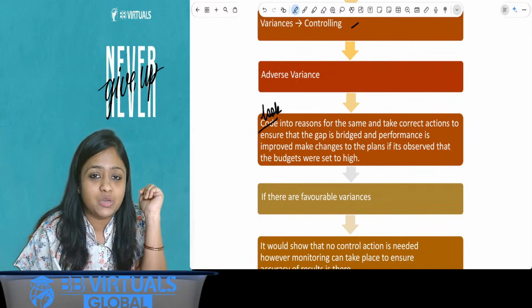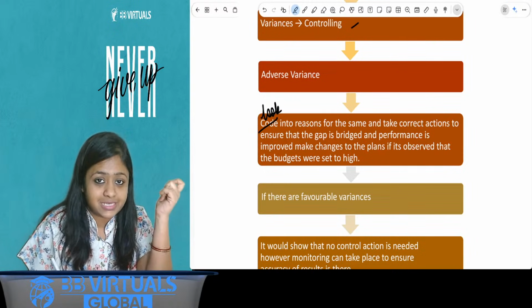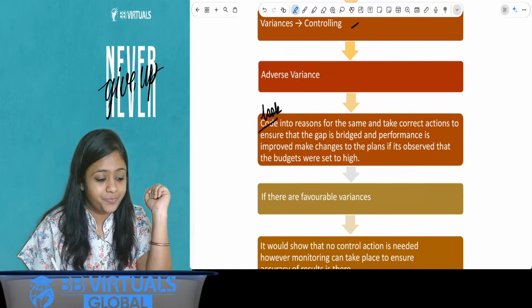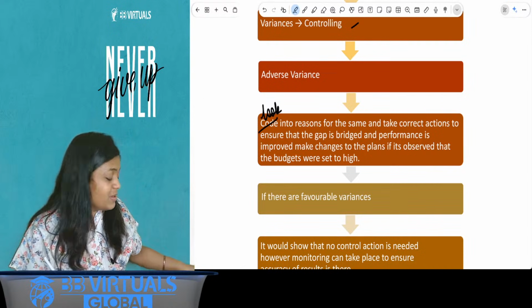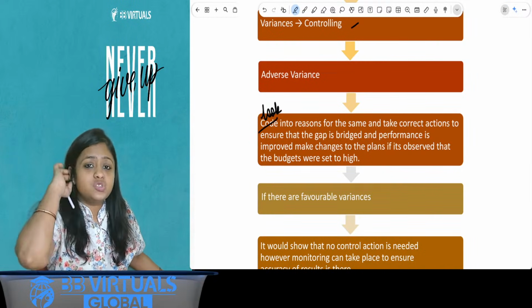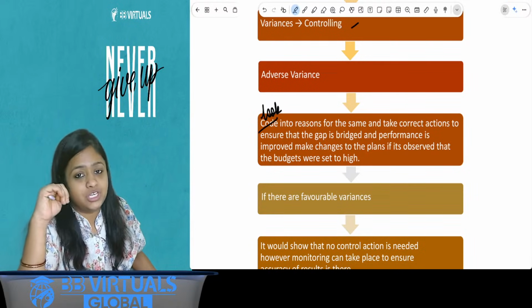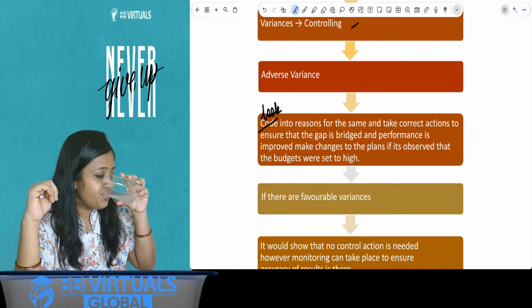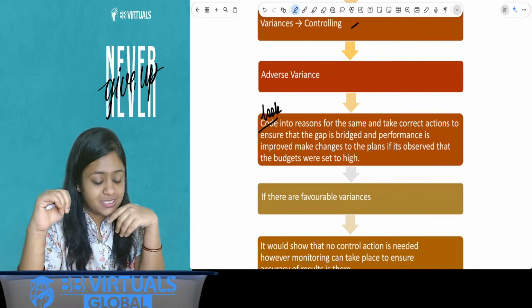With which variances do we do that? Can anybody tell me which particular category of variances helps us to know if the standards need to be changed? Anybody can type it in the chat box. The purpose of those variances is to know whether any fault is there in the budget setting process, so the standards can be changed.